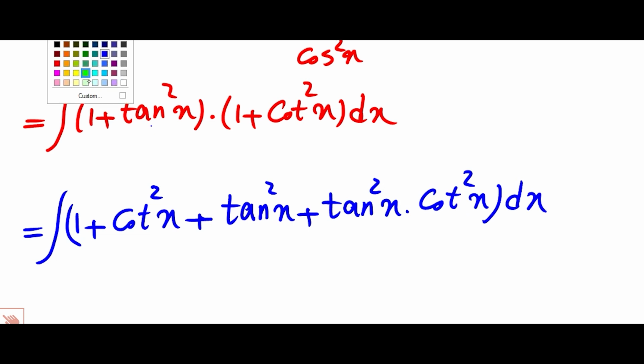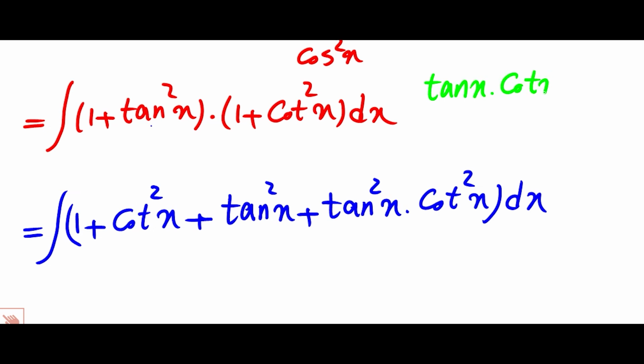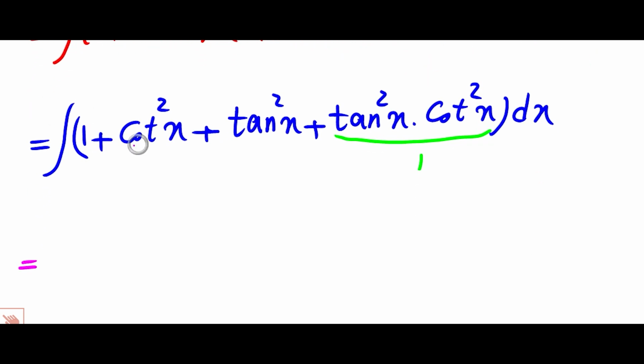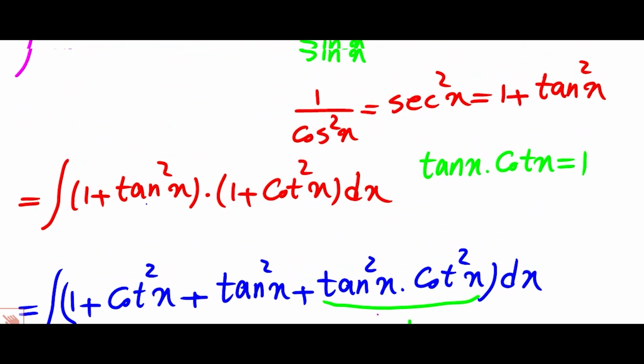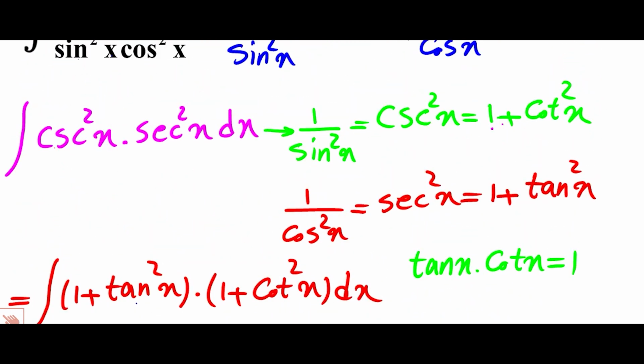And as you know, tangent x times cotangent x equals 1, because tangent x is the reciprocal of cotangent x, right? So tangent squared x times cotangent squared x equals 1, right? So we have 1 plus cotangent squared x, and 1 plus cotangent squared of x equals cosecant squared x.